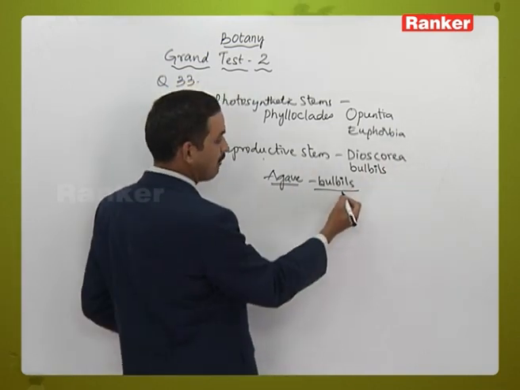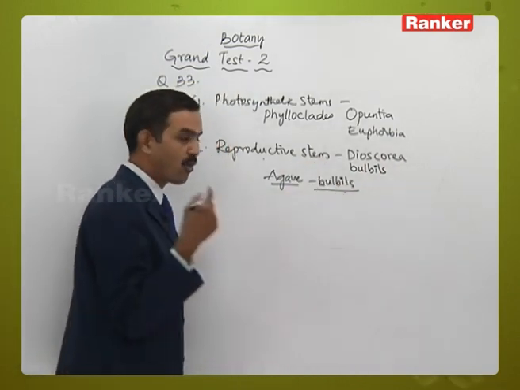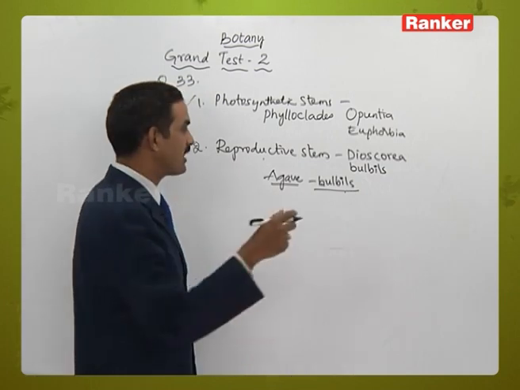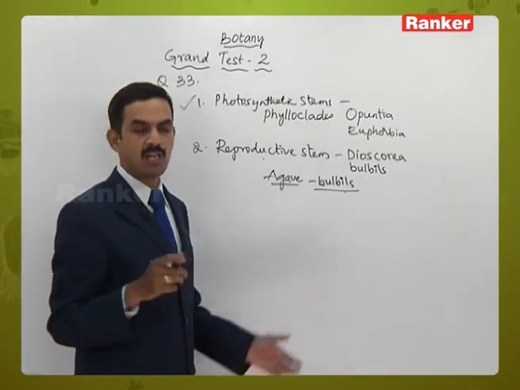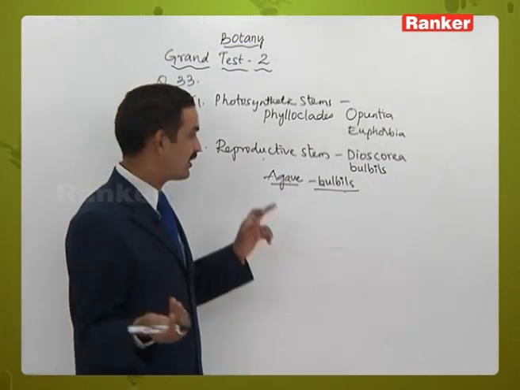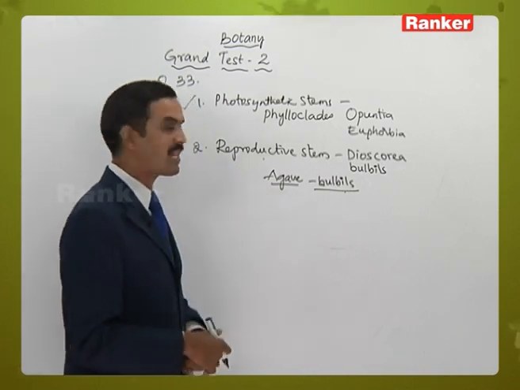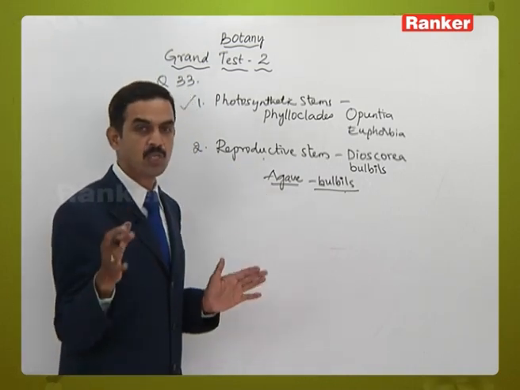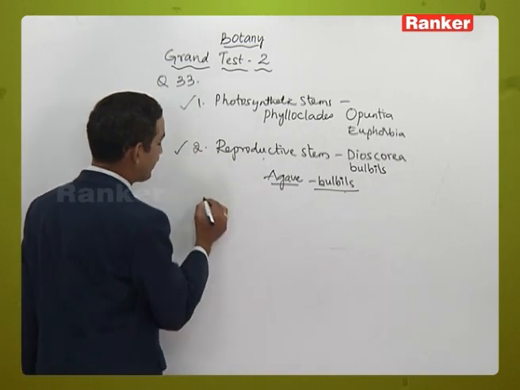In agave also bulbils are formed, and the floral buds give rise to a new plant, so the stem is acting as a reproductive stem here, that is vegetative propagation. So both are correct.